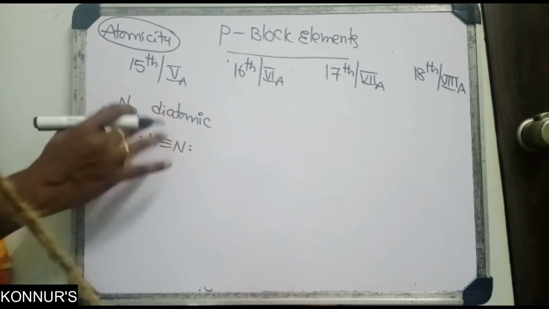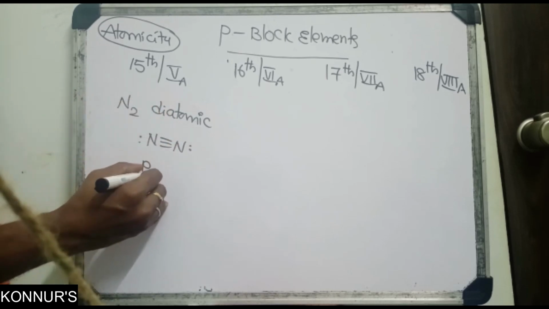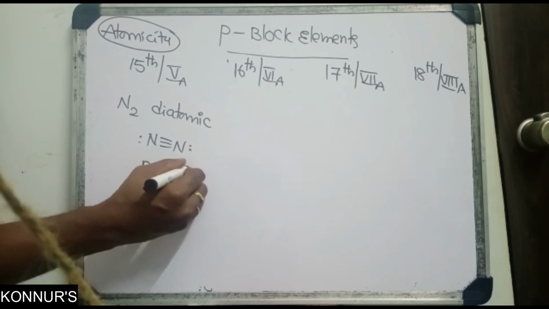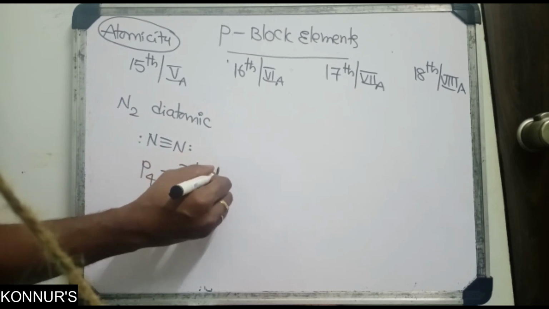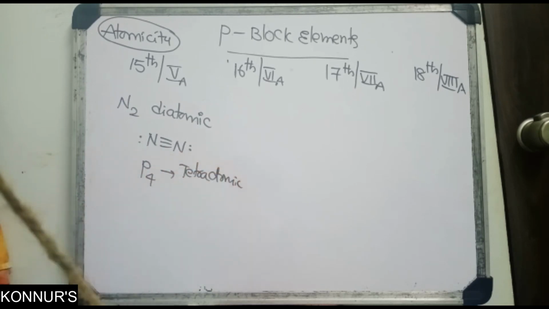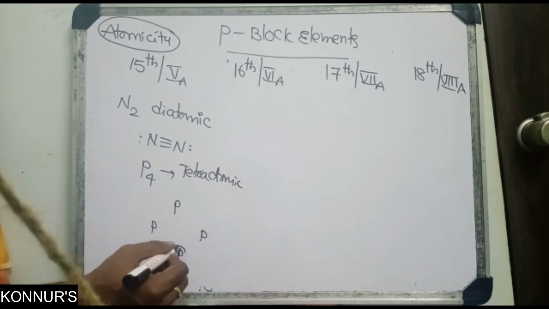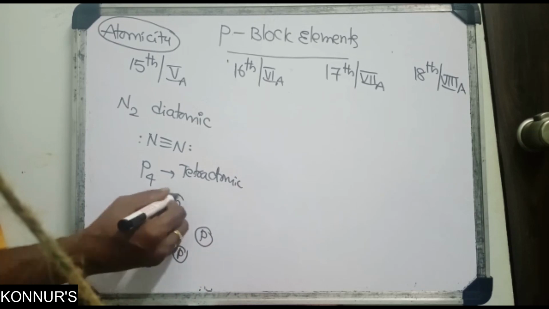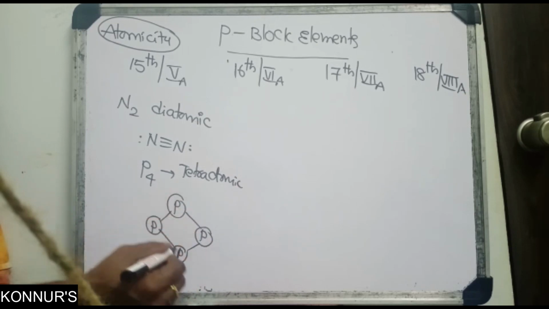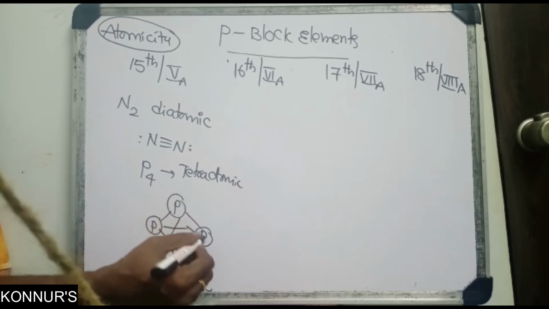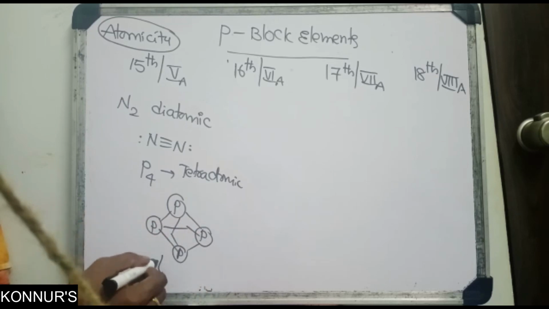Next, phosphorus. Phosphorus is available as tetraatomic. So 4 phosphorus atoms are available in tetrahedral form. That is a tetrahedral form.